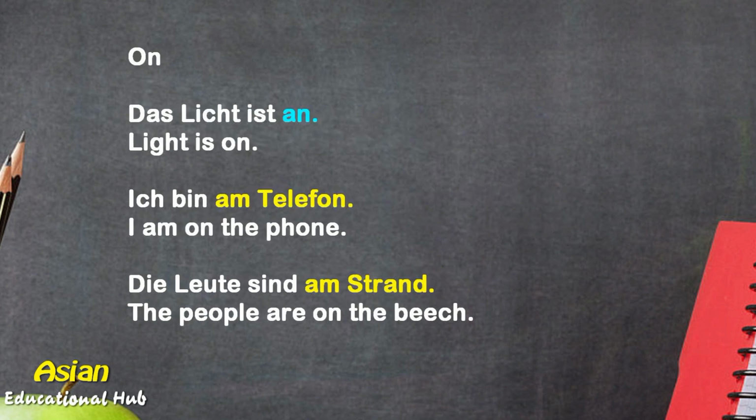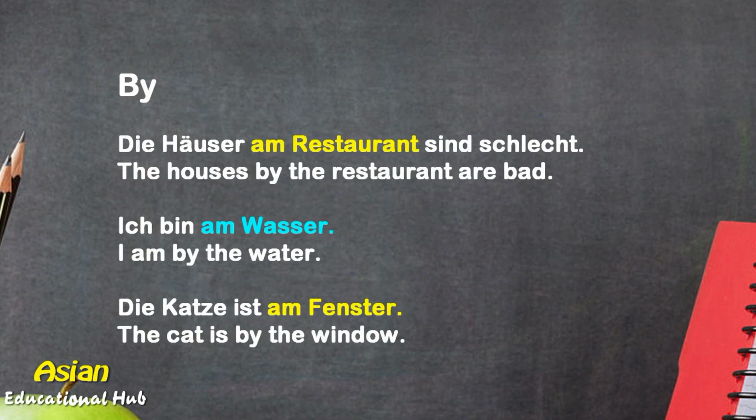Next meaning is on. Das Licht ist an. The light is on. Ich bin am Telefon. I am on the telephone. And die Leute sind am Strand. The people are on the beach. The meaning is by. Die Häuser am Restaurant sind schlecht.